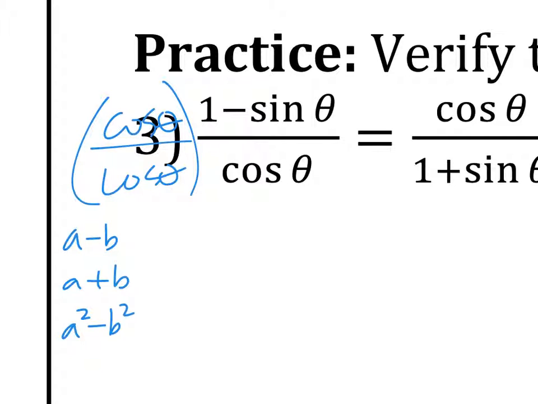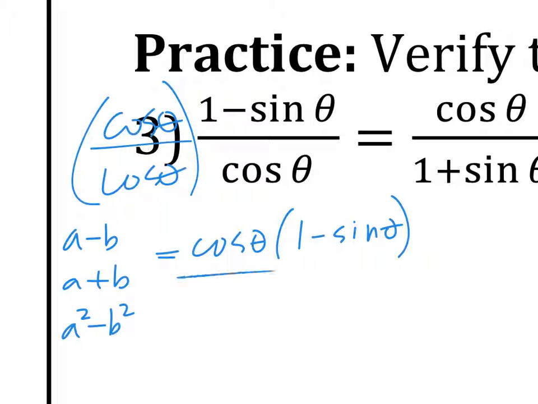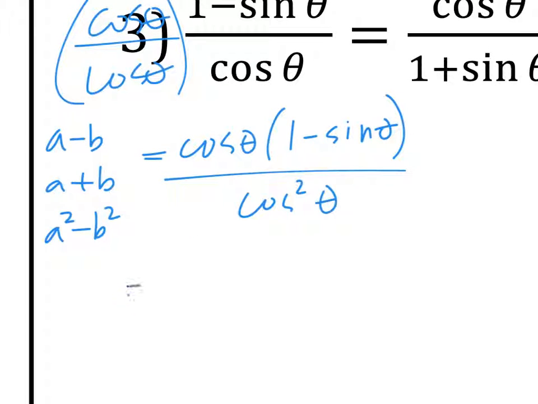You have to kind of memorize, when I see something like this, where the numerator and denominator switch, one of them is a 1 plus, one of them is a 1 minus. This is the trick you use. You've got to somehow get to a squared minus b squared. So this becomes cosine times 1 minus sine theta. Please make sure you put that in parentheses, and then over cosine squared. Cosine squared becomes 1 minus sine squared.